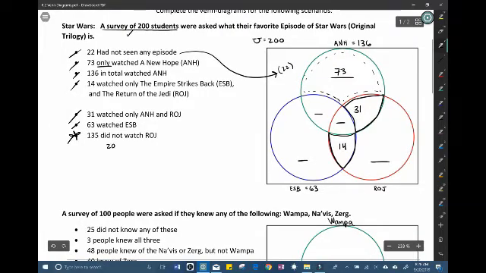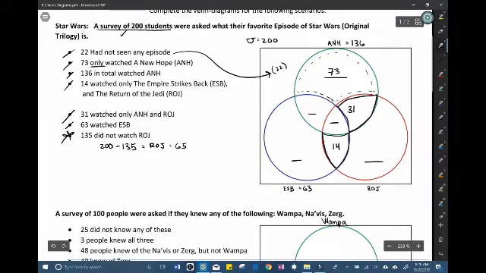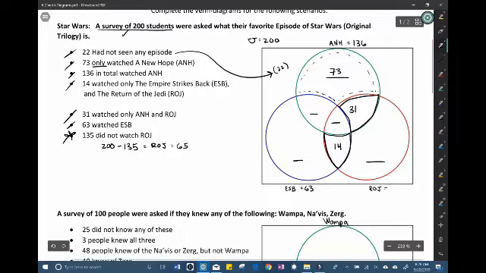So 200 minus 135, a little bit of reverse thinking, must be the Return of the Jedi number, which is 65. So then we know that this whole circle is 65, okay? Now that doesn't quite help us fill out anything else right now, but let's look at some other things here.